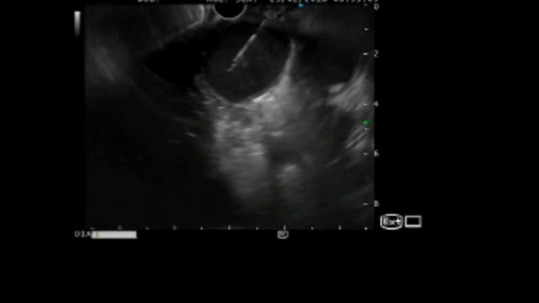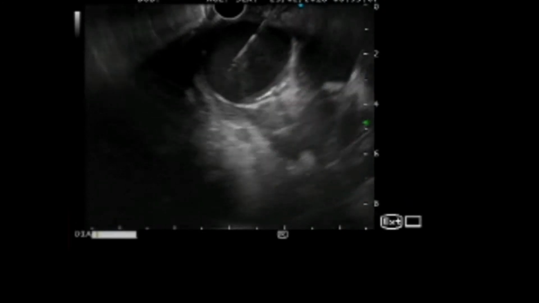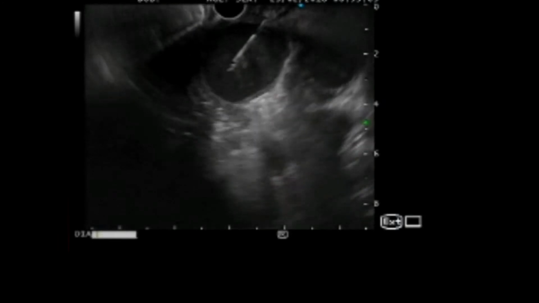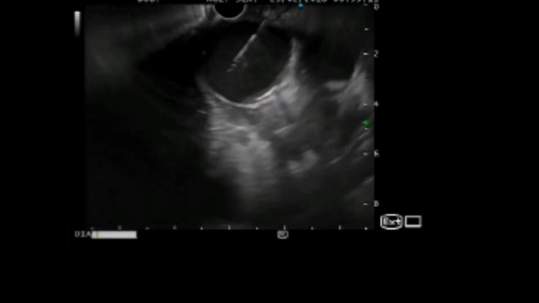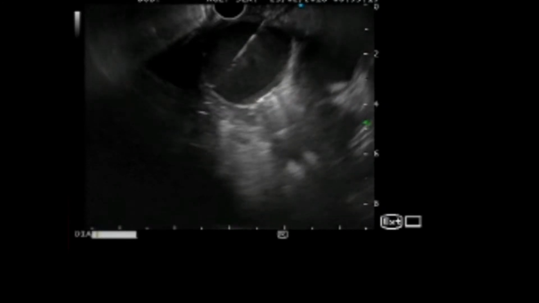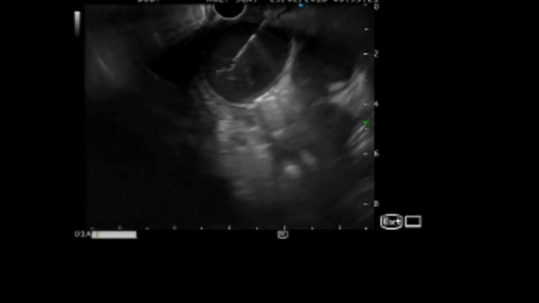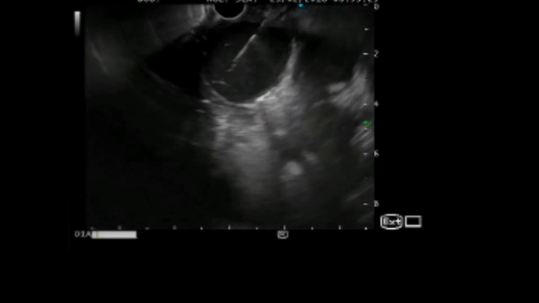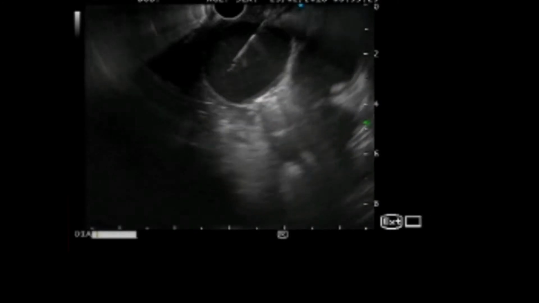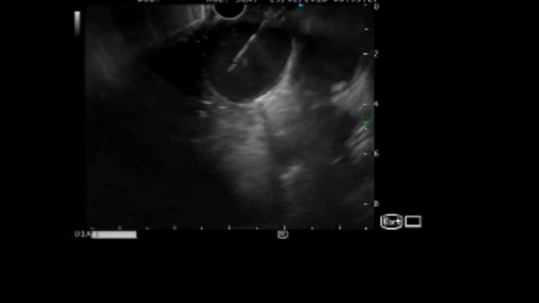I aspirate nearly 1 ml of the blood, confirming it is a vascular artery. Now I am flushing the FNA needle with 2 ml distilled water in order to prevent premature clogging of the needle.